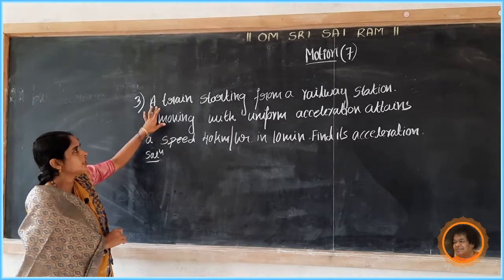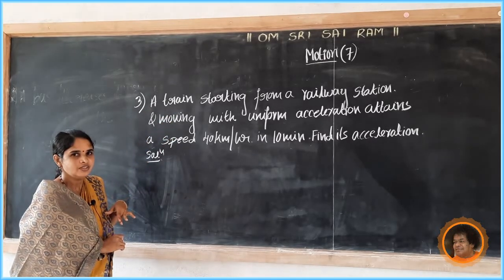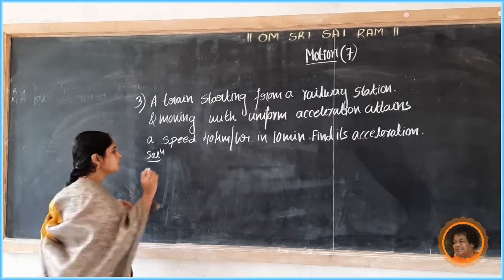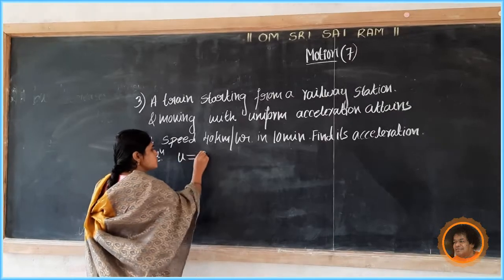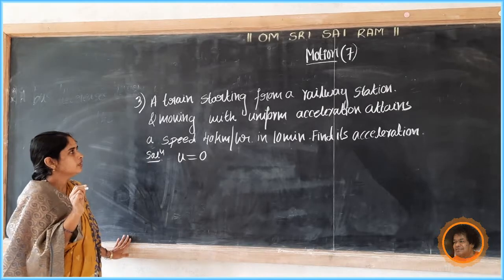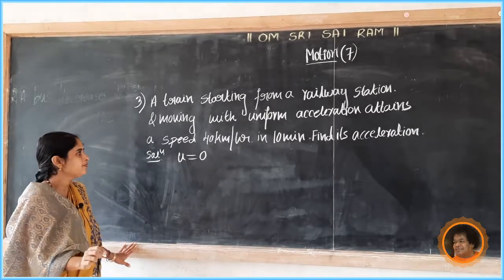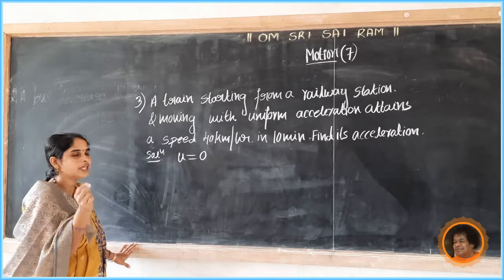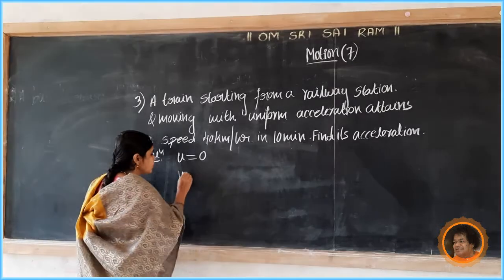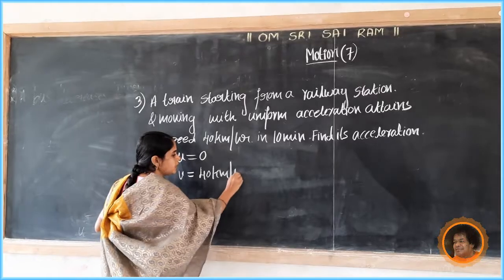See here, a train starting from a railway station, so its initial velocity u equals 0. It is in rest position. Then it is moving with uniform acceleration and attains a speed of 40 km per hour. V equals 40 km per hour.